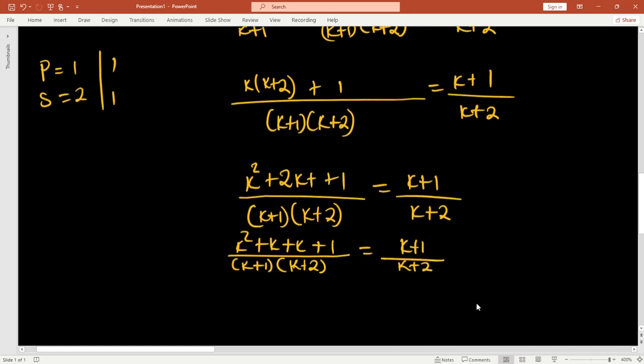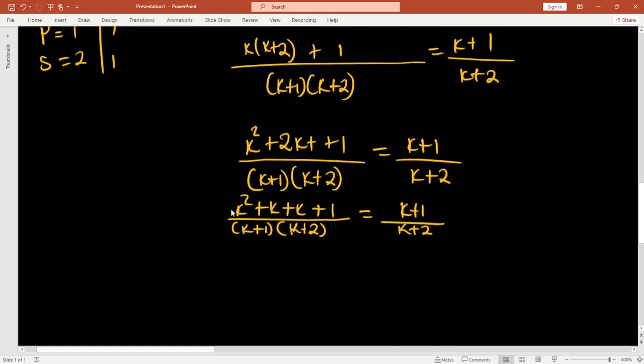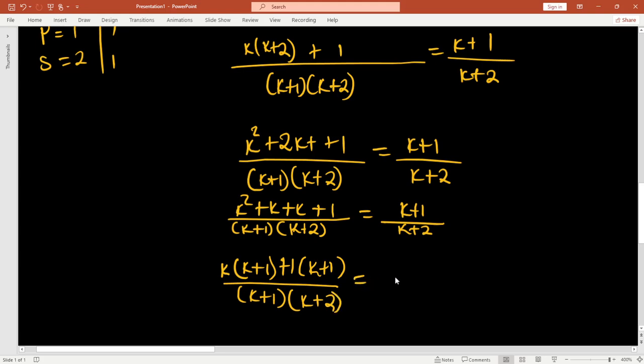On the first two terms, k is common, so we factor out k and we're left with k(k plus 1), plus what is common between k and 1, which is just 1, (k plus 1), divided by (k plus 1)(k plus 2) equal to (k plus 1) over (k plus 2).